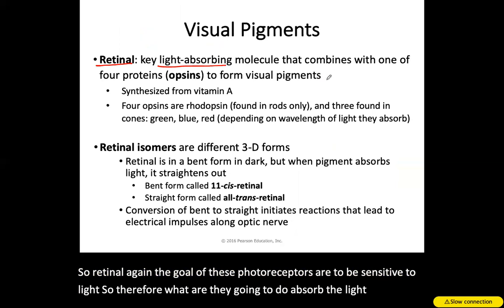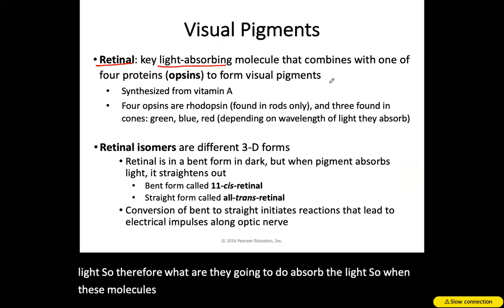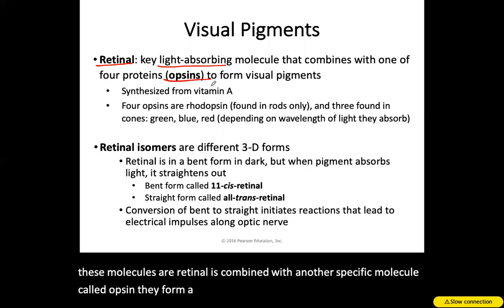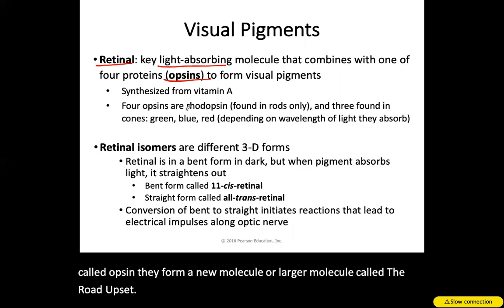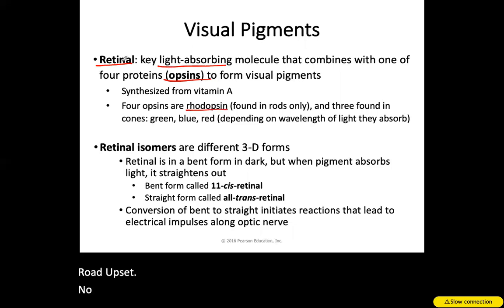When retinal is combined with another specific molecule called opsin, they form a larger molecule called rhodopsin. Now, rhodopsin, which is a combination of opsin and retinal, is only found in your what? In your rods.